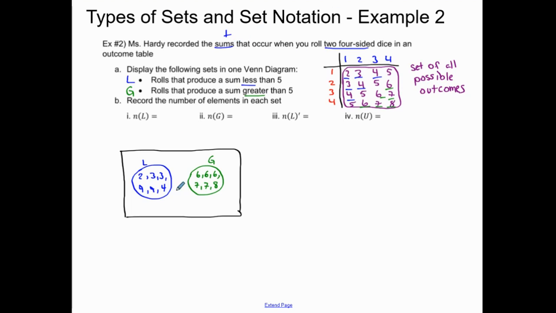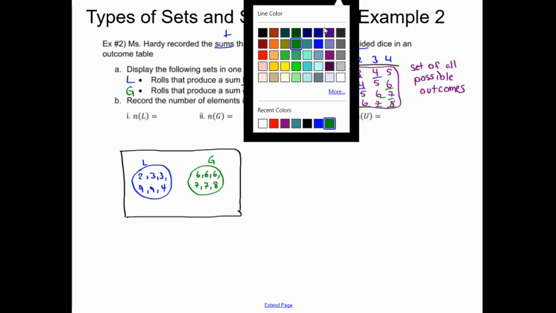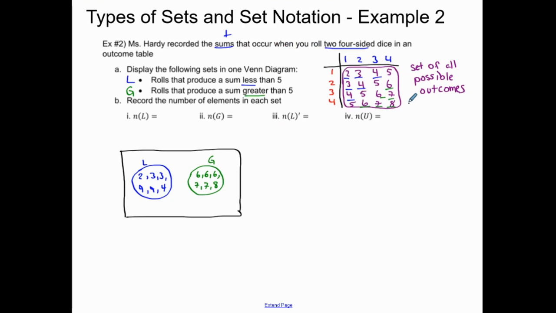Okay, now in our universal set, so this is a set of all possible outcomes, this is our universal set, there are some numbers that we do not have in this set and this set that will need to go on the outside. And that is 5. So those 5s still are in our set. We need to have a place for them.